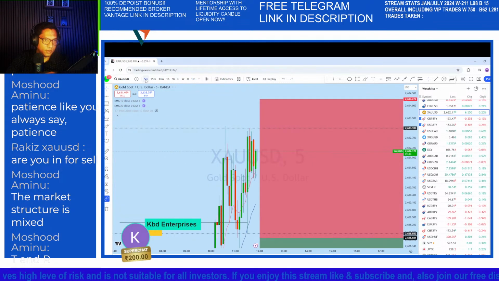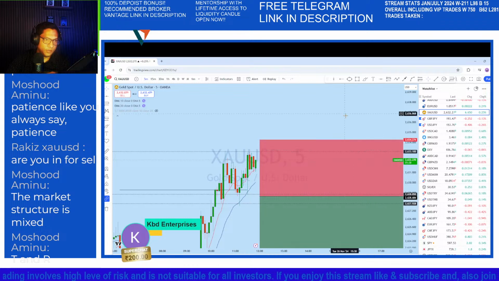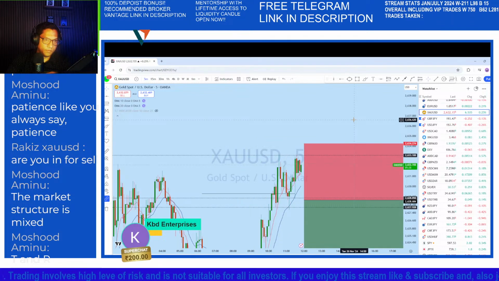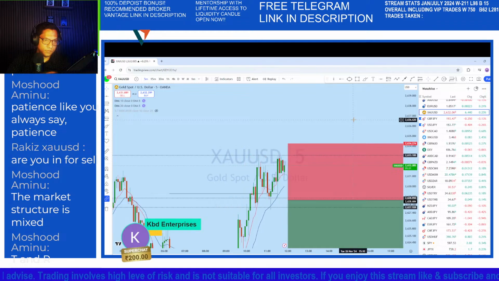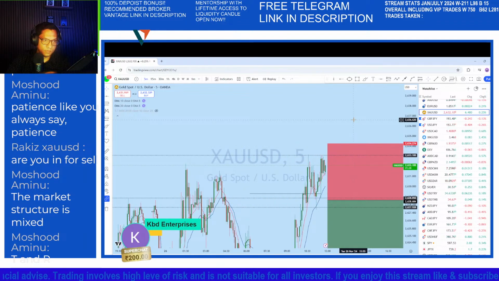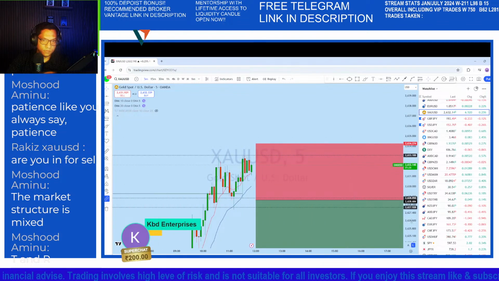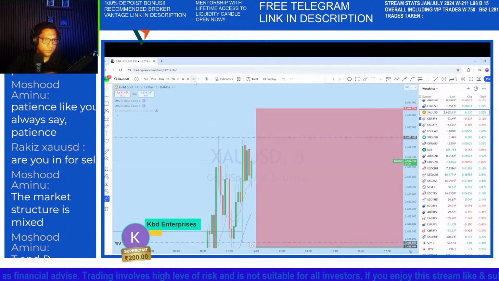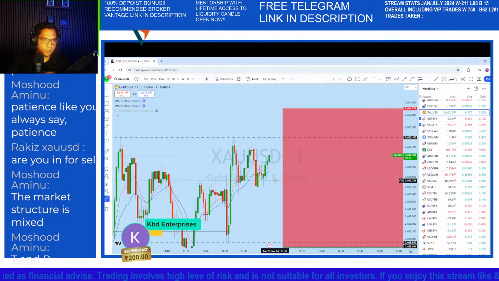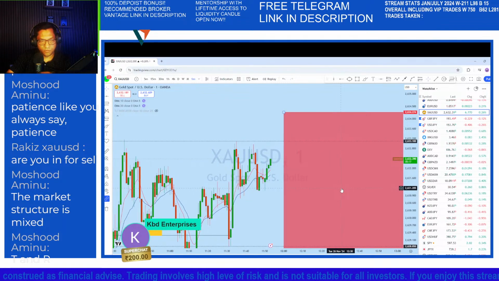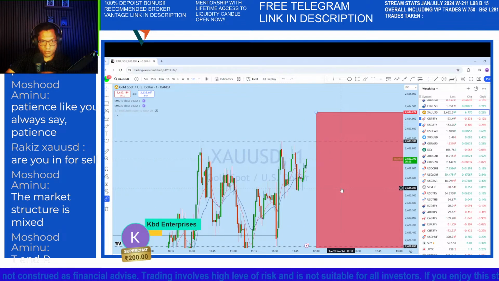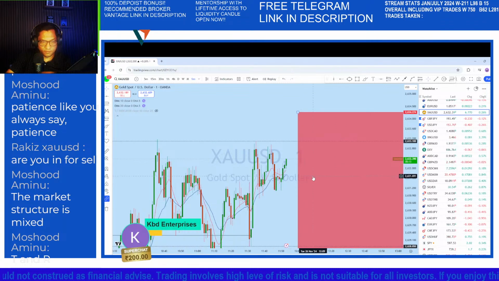It's forming structure. There's a gap open. There's a bullish bias here.